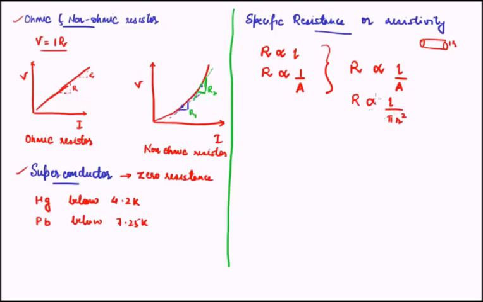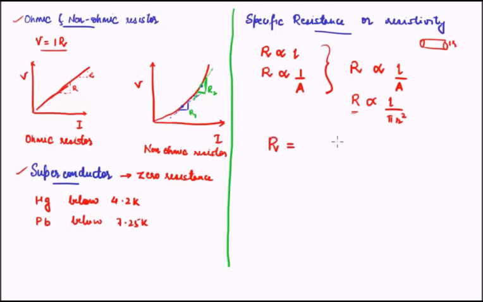But what we see is still the resistance is not directly equal to this. So we can replace this proportionality with equal to by introducing a proportionality constant, and that proportionality constant is known as specific resistance or resistivity.